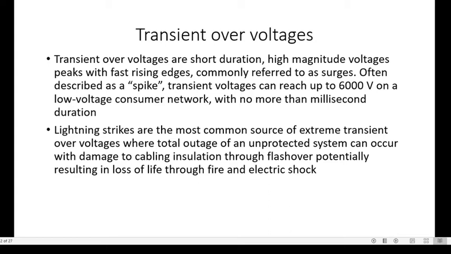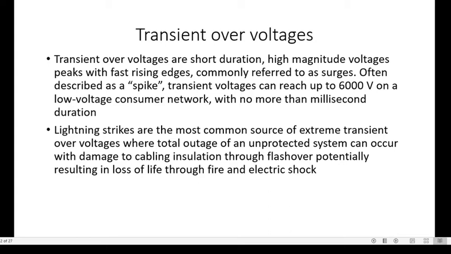Transient voltages can reach up to 6000 volts, 6 kilovolts, on a low voltage consumer network with no more than a millisecond duration. See what the severity of the transient is: it will increase the voltage level up to 6 kilovolts for the low voltage consumer network.